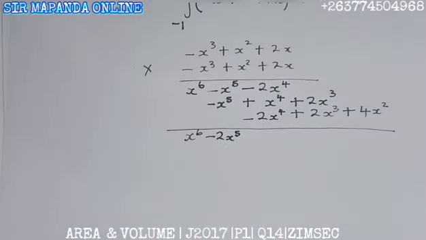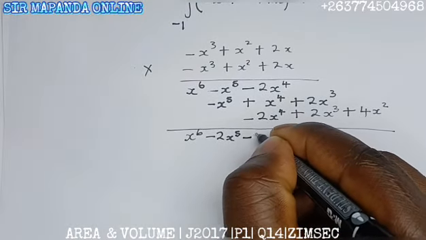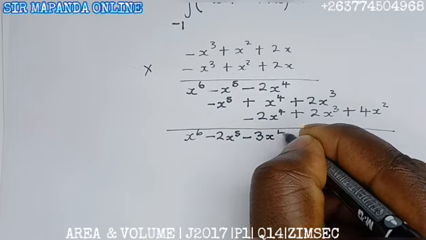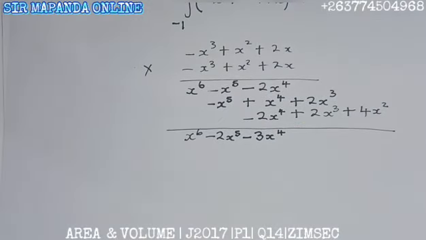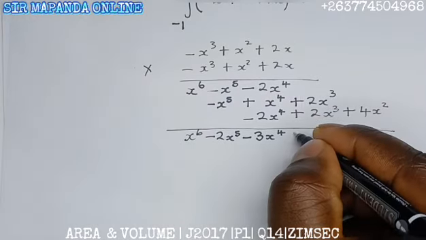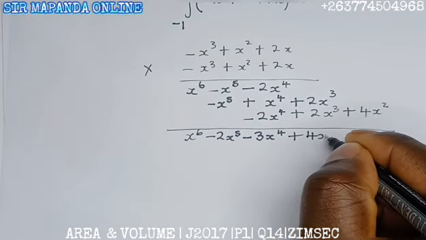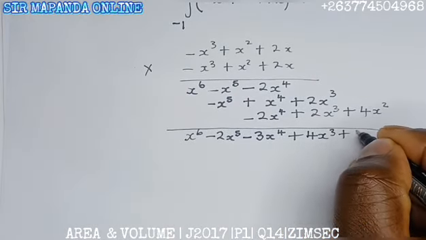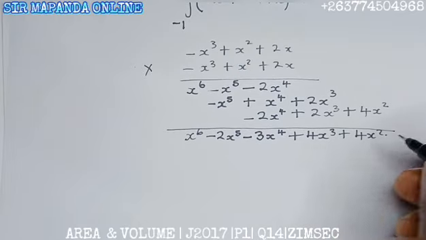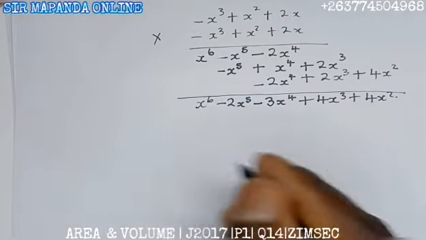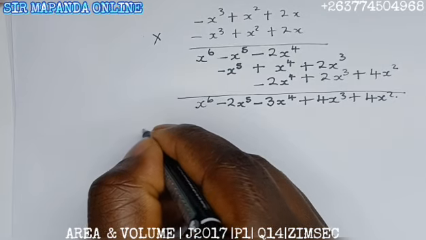Then minus 2x to the power of 4 plus x to the power of 4 minus 2x to the power of 4, you get minus 3x to the power of 4. I hope you are following. Then 2x cubed plus 2x cubed, you get 4x cubed plus 4x squared. So this is the term to be integrated.